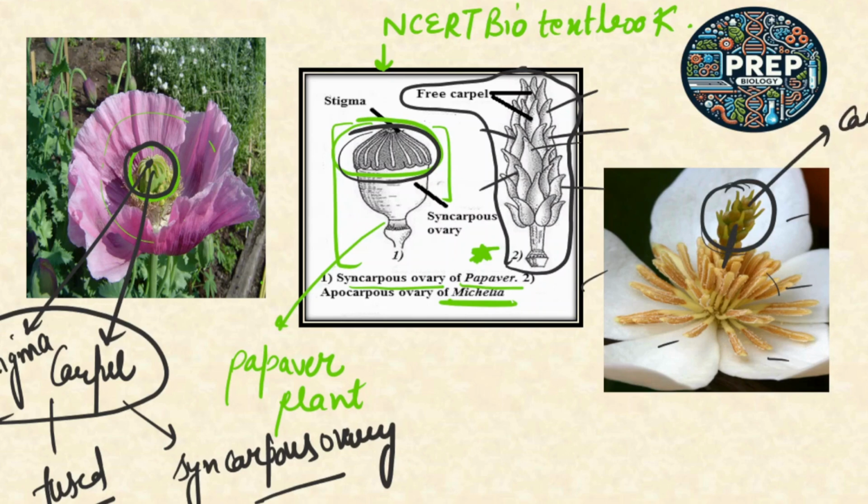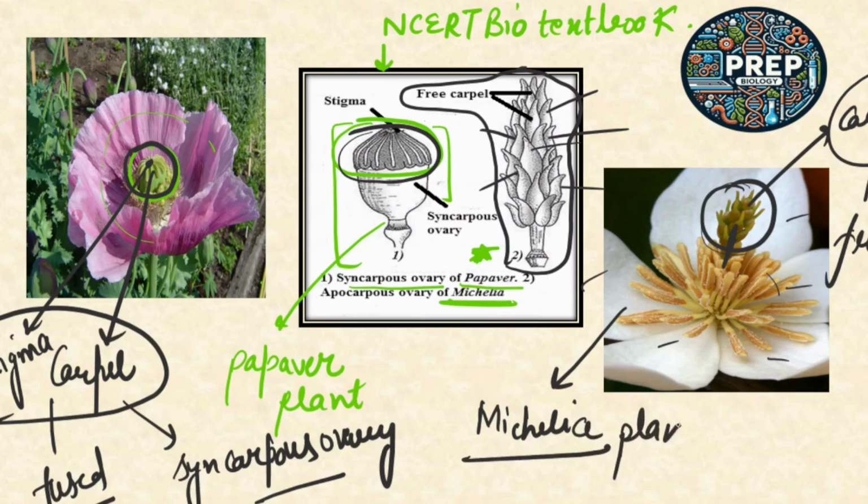So they have free carpels, and this picture shows the michelia plant. In the michelia plant, the condition of the ovary is apocarpous. These two examples are very important.